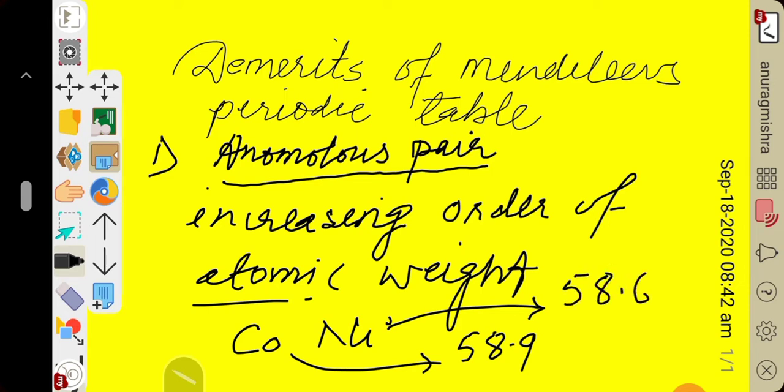So as per Mendeleev's rule, nickel must have an earlier position in the period as compared to cobalt, because nickel's atomic mass is less than cobalt's atomic mass. But it was not like that. Cobalt was placed first, and nickel later. That's why this pair is called an anomalous pair in Mendeleev's periodic table.